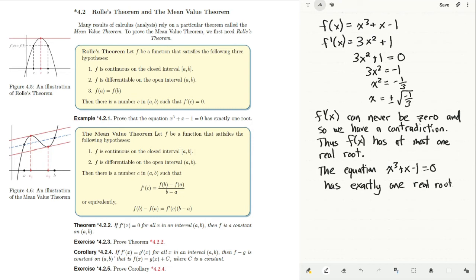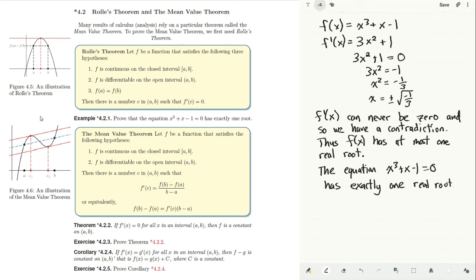So in other words, the theorem says that there is at least one value of c such that the slope of the tangent line at c is equal to the slope of the secant line that passes through the function at a and b.